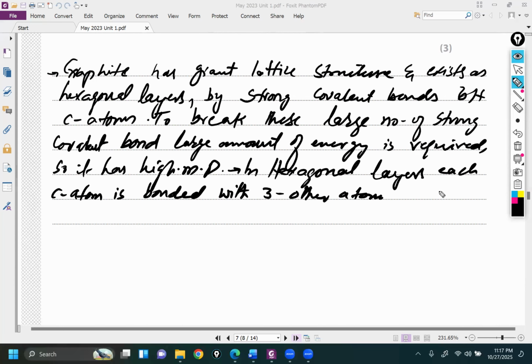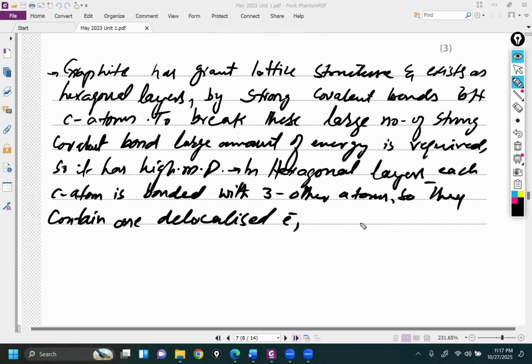So they contain one delocalized electron which can move from atom to atom. This is also enough. So it is a good conductor and it can be used as an electrode.